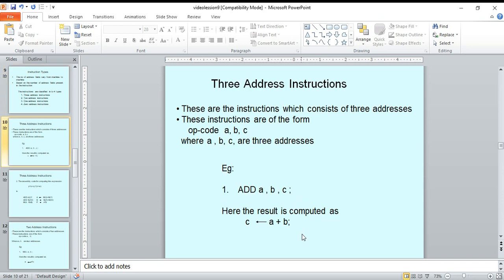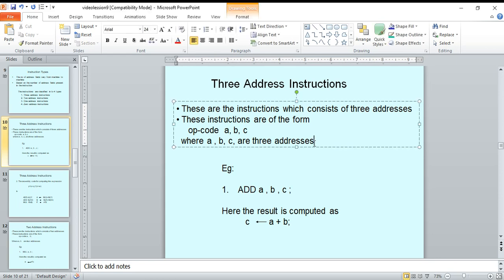See this one, this is the three address instruction. In the instruction format, we should specify three address fields. So these are the instructions which consist of three addresses.